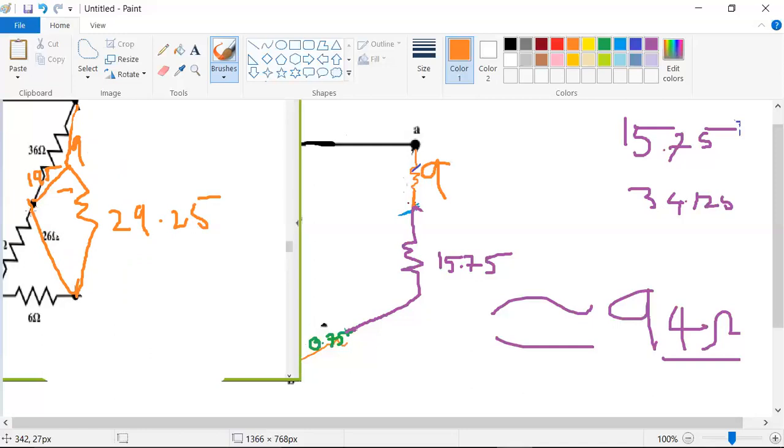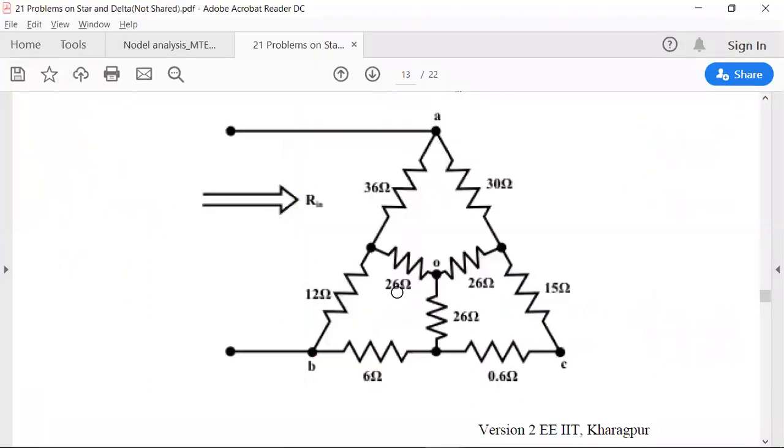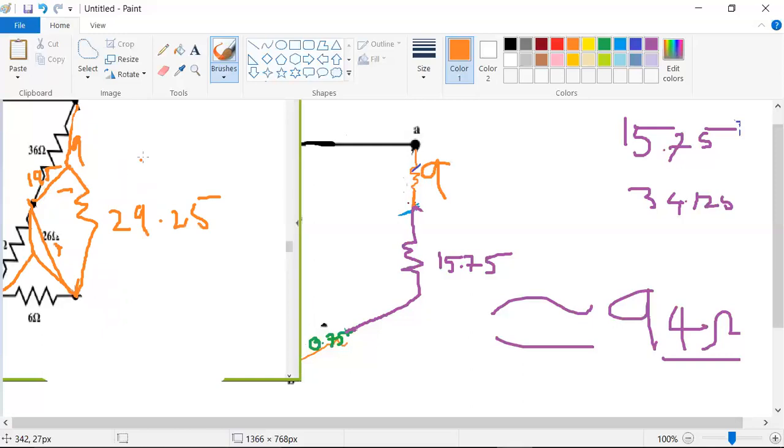Then what about this? Again, convert this into star. This is 78, as you know. This is 78, this is not 26. I'm adding 78 into 6.